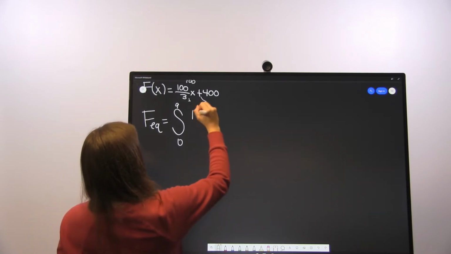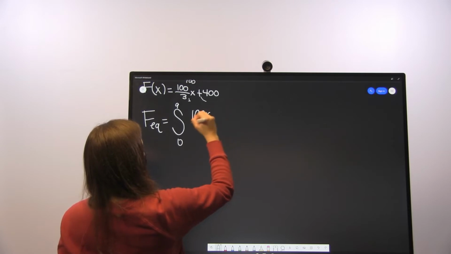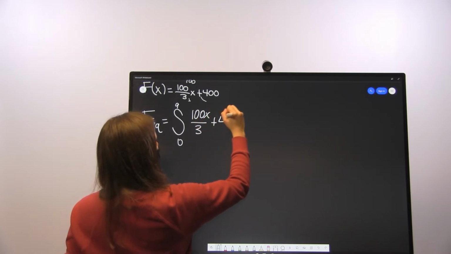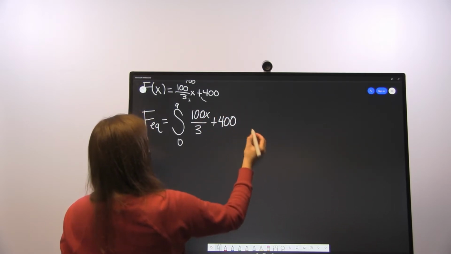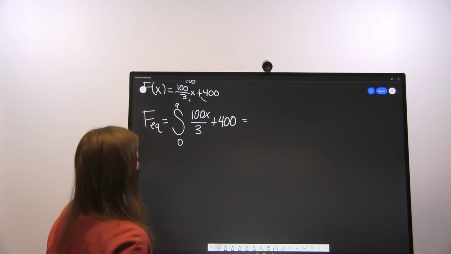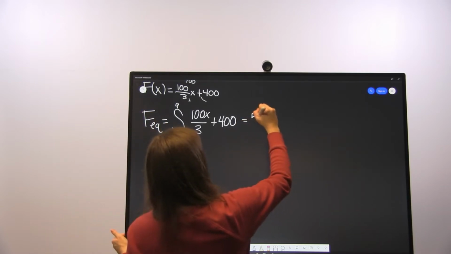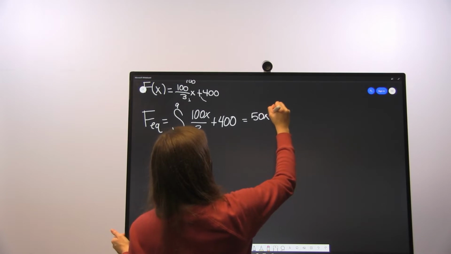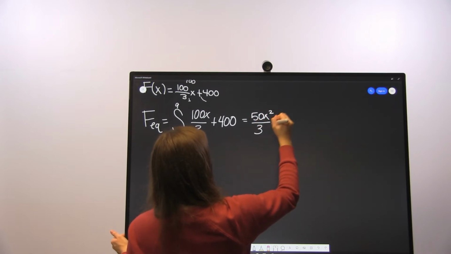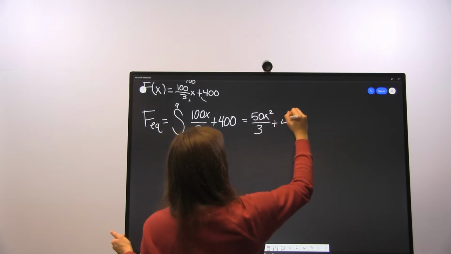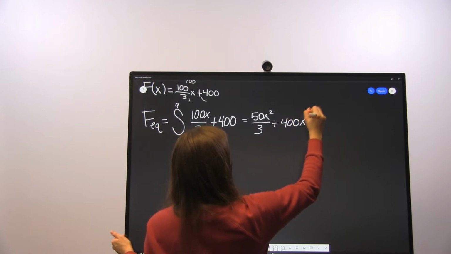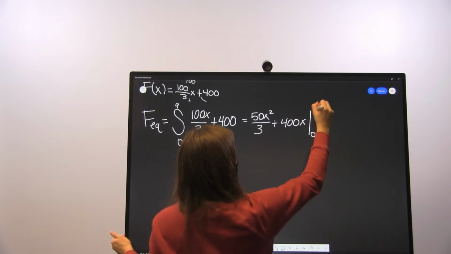of 100 x over 3 plus 400. And that gives us 50 x squared over 3 plus 400 x, going from 0 to 9.